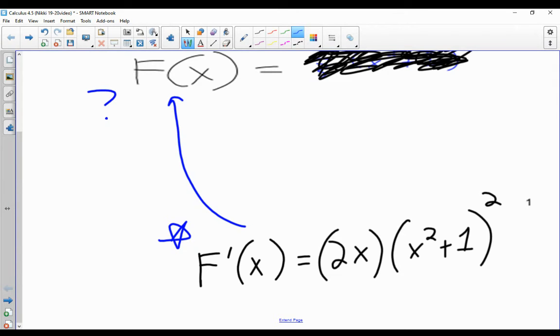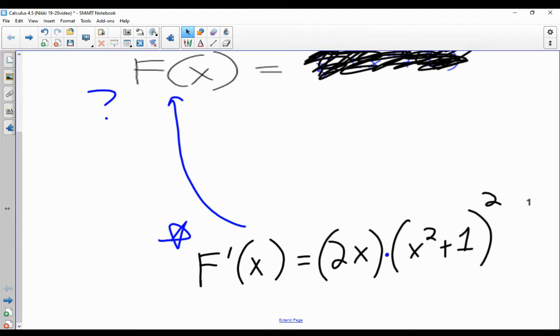Kind of stumped on there, aren't you? You're probably thinking, okay, I got to do a product rule. But wait a minute, the product rule is for regular derivatives, not antiderivatives.